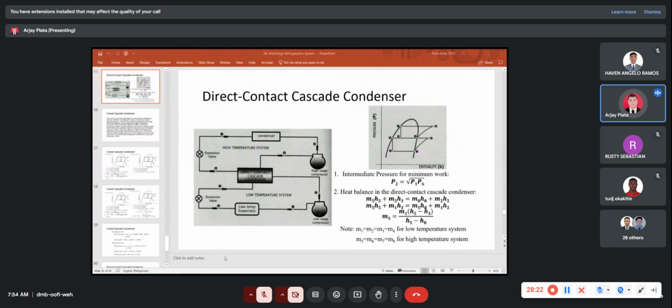For example, if you consume 30 minutes in solving a single stage refrigeration system problem, you will consume a lot more time in solving the multi-stage.